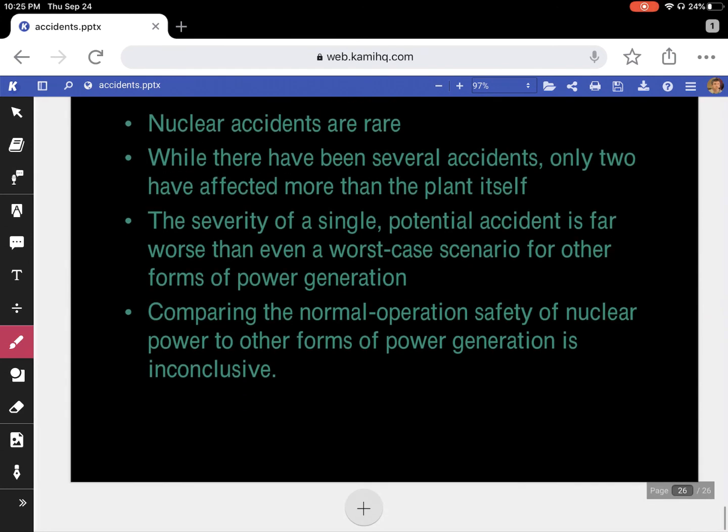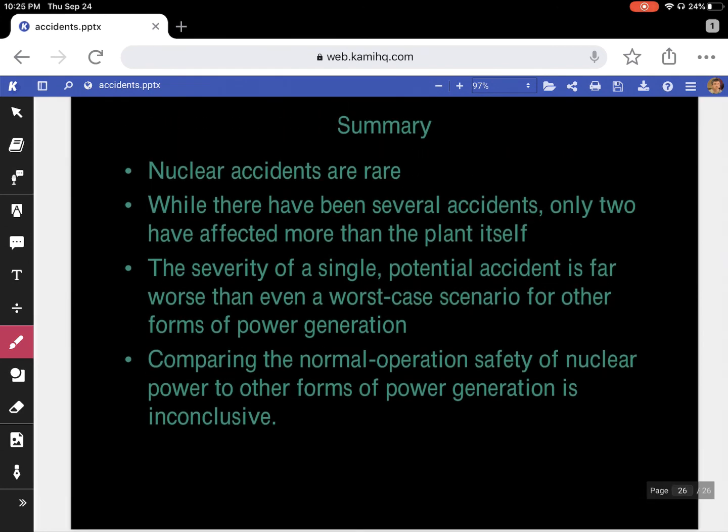So whether or not normal operation safety, so meaning apart from accidents, whether or not normal operation safety of nuclear power to other forms is inconclusive. No greenhouse gases, no large impact on the surrounding area.